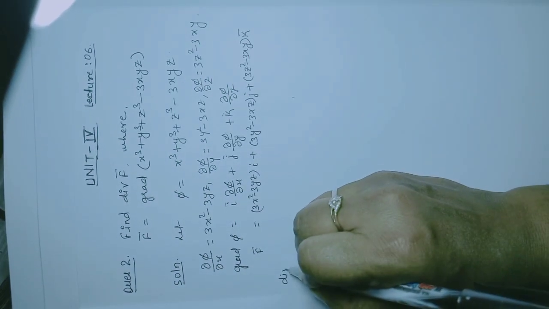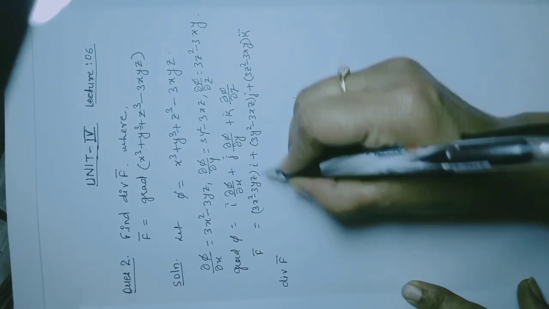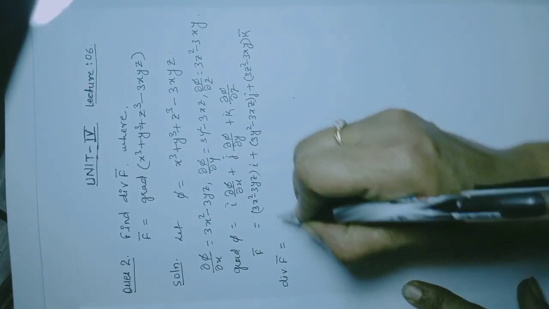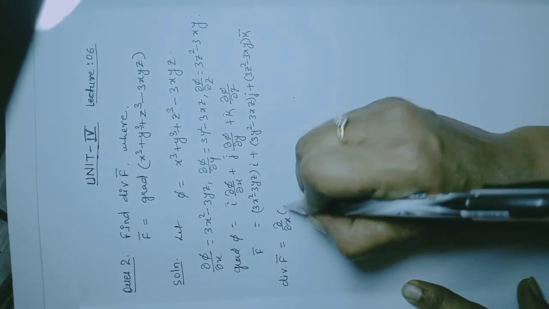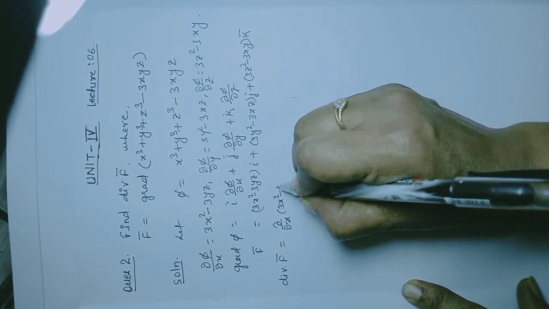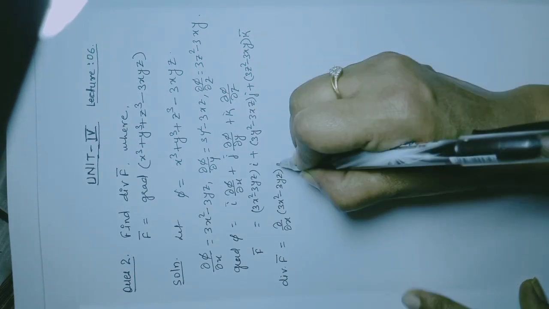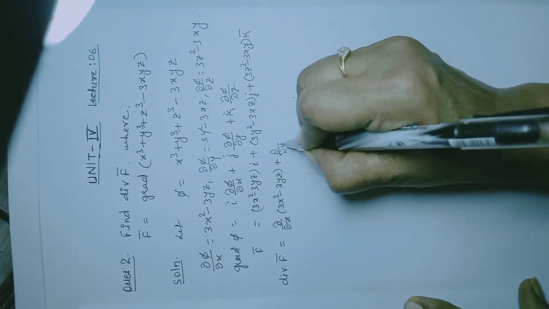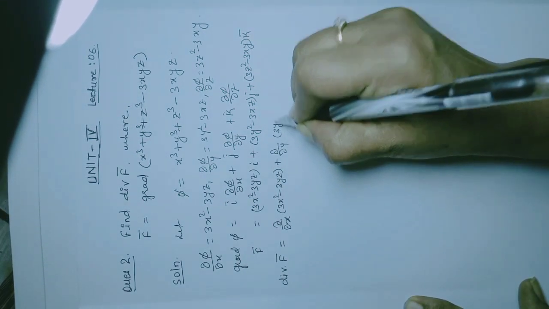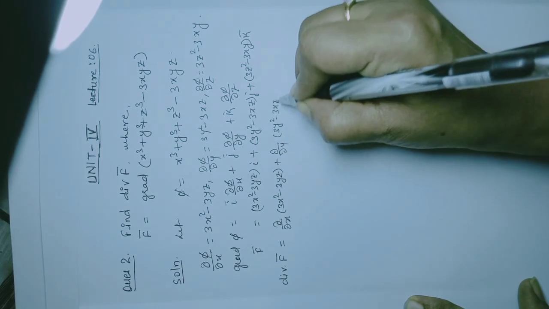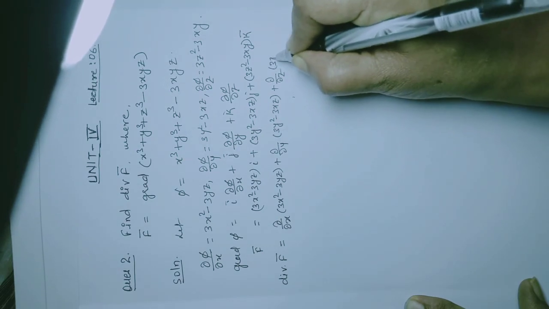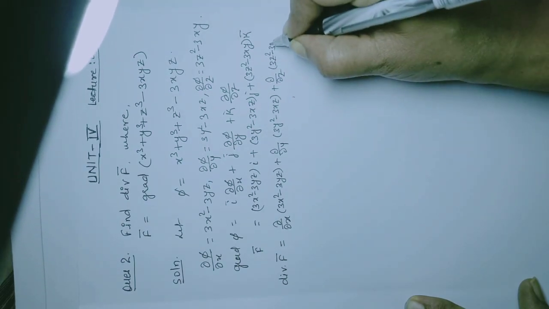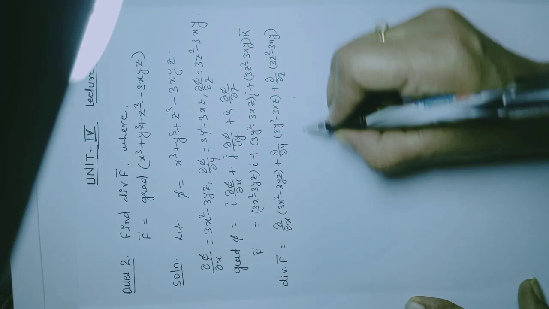So your divergence of this vector becomes del by del x of 3x square minus 3yz plus del by del y of 3y square minus 3xz plus del by del z of 3z square minus 3xy. Why?